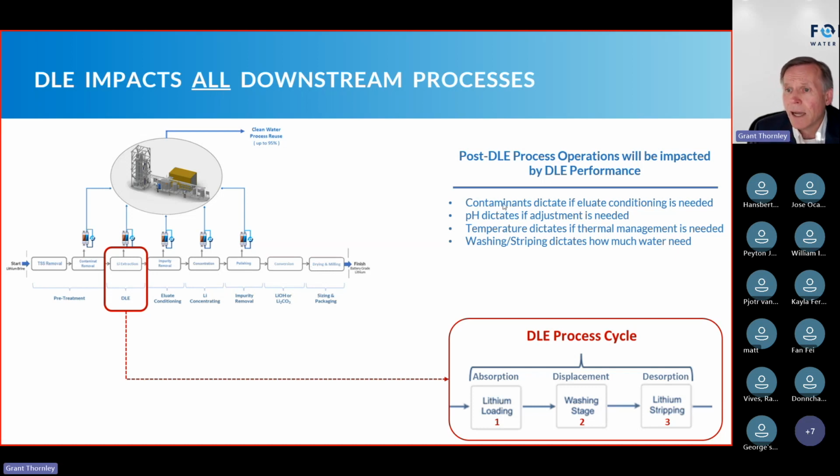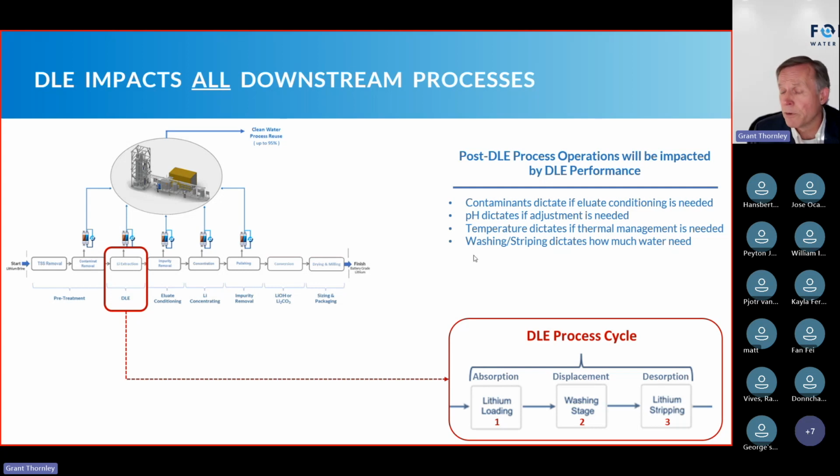Next, there are different variables. With a different DLE media that I choose, I'll have different purities of my eluate. It may require different pH adjustments in pre or post. It may require me to operate the DLE media at elevated temperatures, rather than 20 degrees, let's say ambient, maybe I have to go to 60 or 80 degrees.